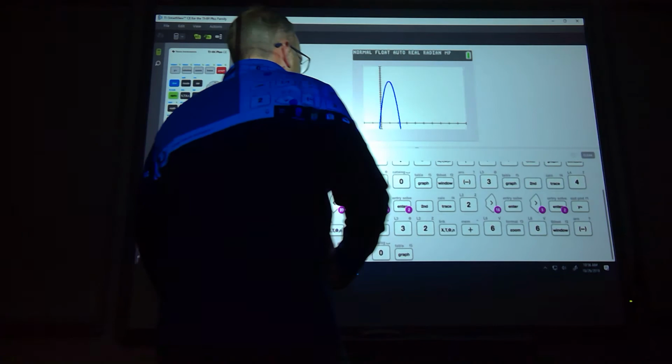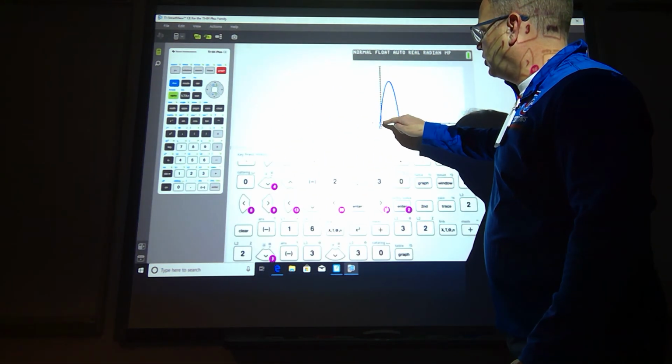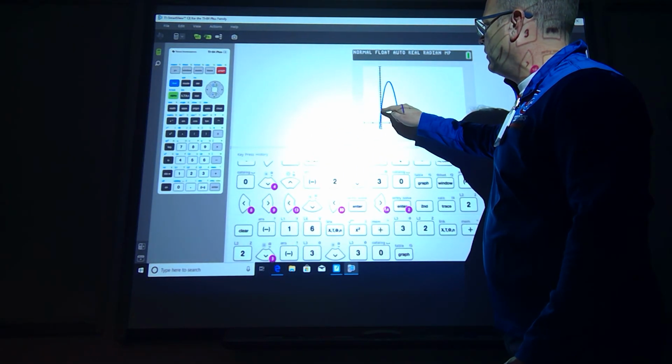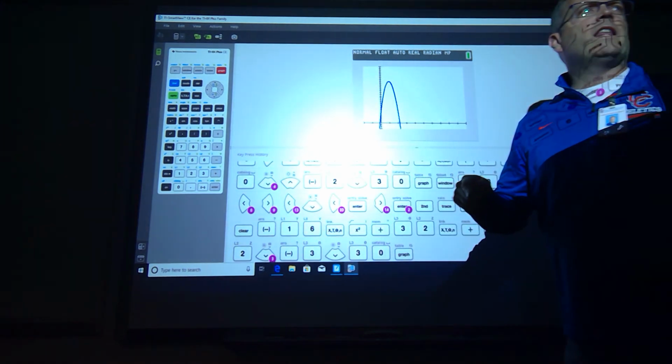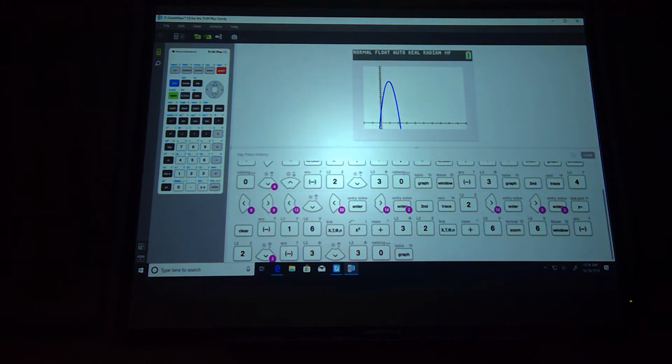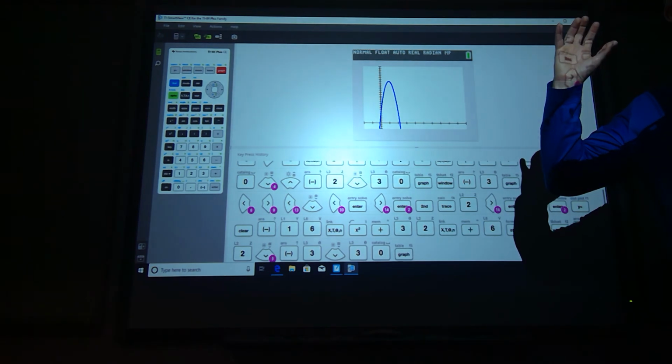Okay, where it crosses the y-axis is at 6. 1, 2, 3, 4, 5, 6, which is right there. What did that 6 represent in our initial? Yeah, the height of the person that threw the football, 6 feet. So the ball itself is actually 6 feet off the ground.